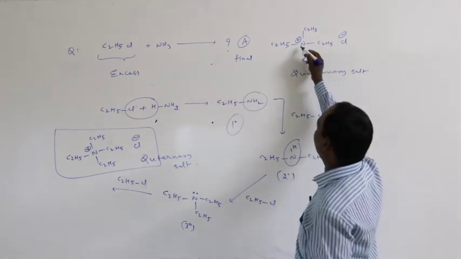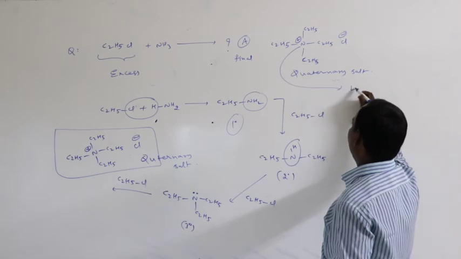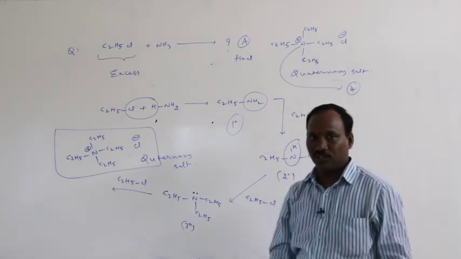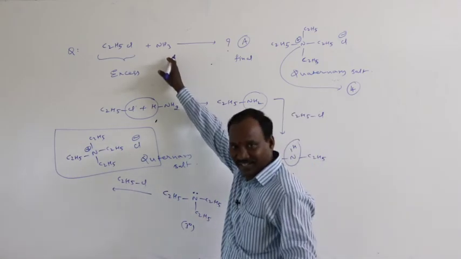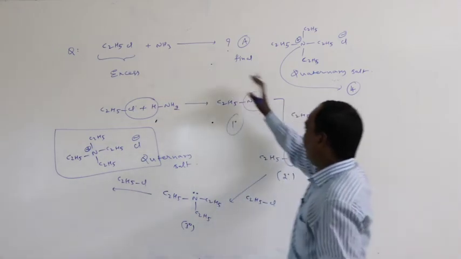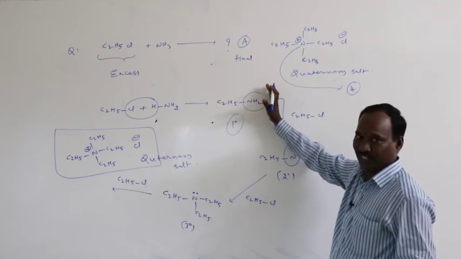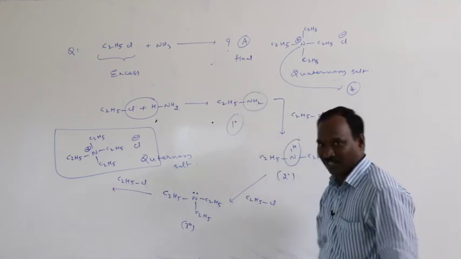In this quaternary salt, nitrogen covalency is 4. If you take ammonia in excess, this reaction is carried out up to primary amine only. So primary amine formation takes place.